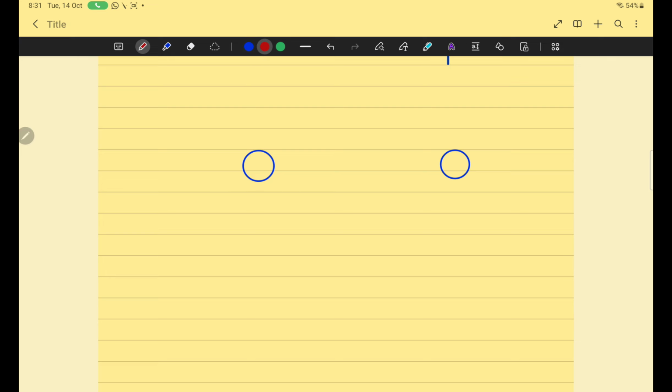If current is out of the page, we use a dot. This dot shows the current is out of the page. When the current is out of the page, I am asking you what is the direction of magnetic field.